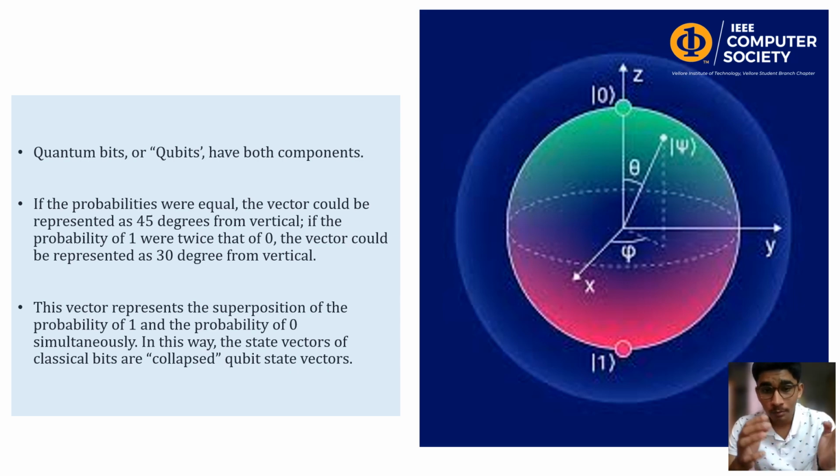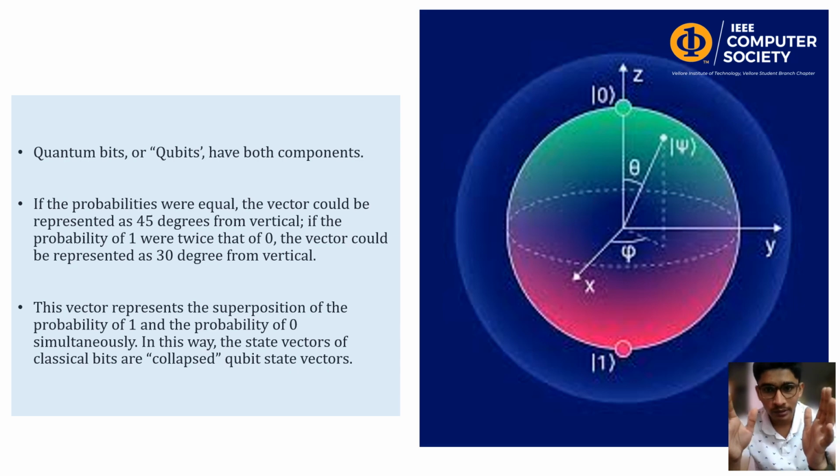And if the vector represents the superposition of the probability of 0 and 1 simultaneously, in this way we call the state of the vector, that is, classical bits are collapsed and the qubit state vector is achieved. So that's what I'm going to discuss. There's another concept called collapsing of the wave function that I'm going to discuss in the very next slide.